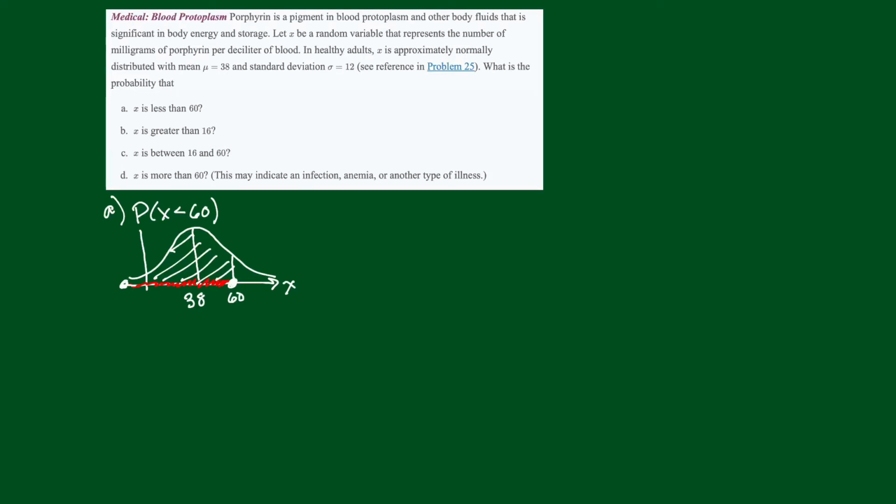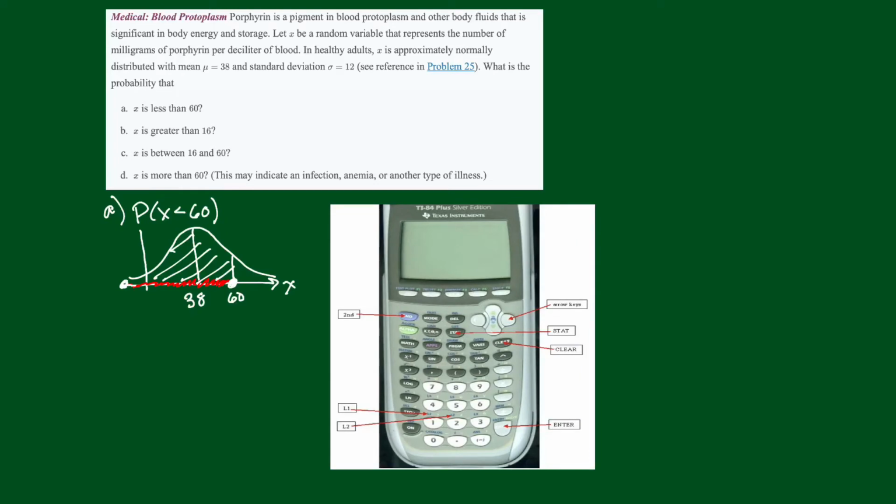So now do something like we did in the binomial distribution. We used our binom PDF, binom CDF, remember that? So here's where you're going to go on your calculator. The first thing you're going to do is press second. And where's the second key? Right there. I don't consider that a row.